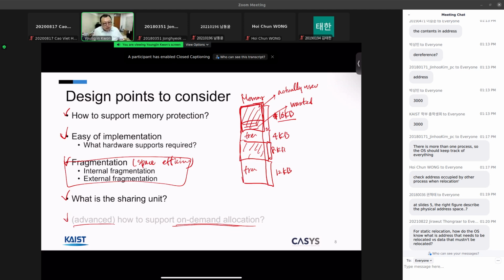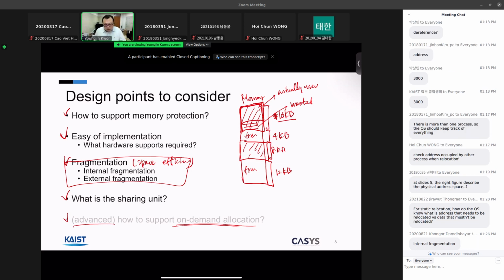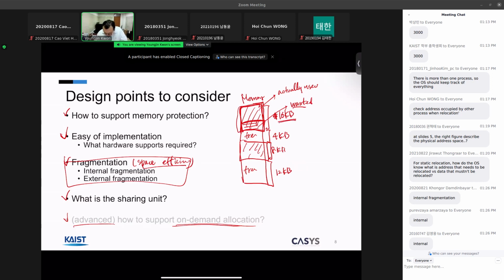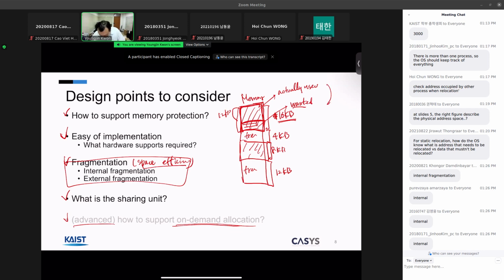Internal fragmentation or external fragmentation? It's wasted, so this is not utilized. Space is inefficiently used because the allocation is 16 kilobytes, but the application is only using 12 kilobytes. Internal.